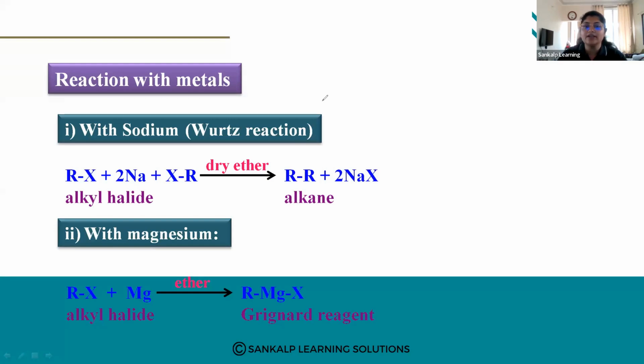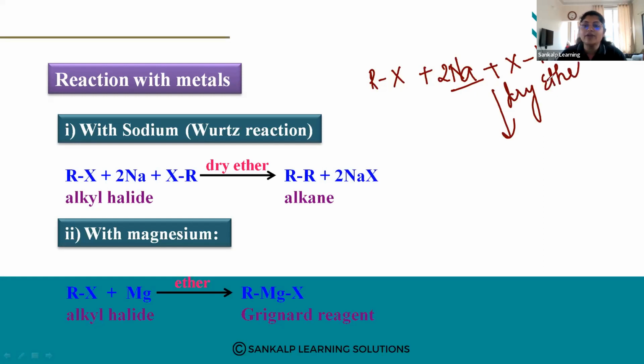When alkyl halides react with sodium in the presence of dry ether, they yield alkanes. I'll take two molecules of alkyl halide: RX plus 2Na, plus again RX. I've just rearranged and written the alkyl halide. Now, in the presence of dry ether, this is Wurtz reaction: when two molecules of alkyl halide react with sodium in the presence of dry ether, it yields an alkane.